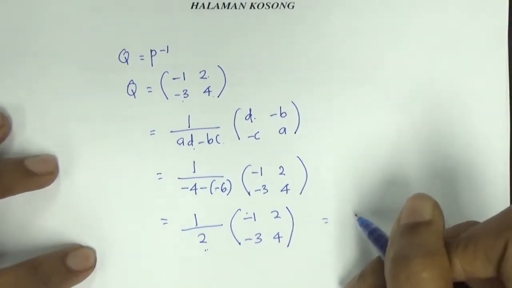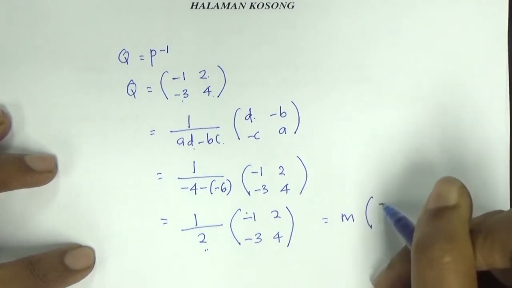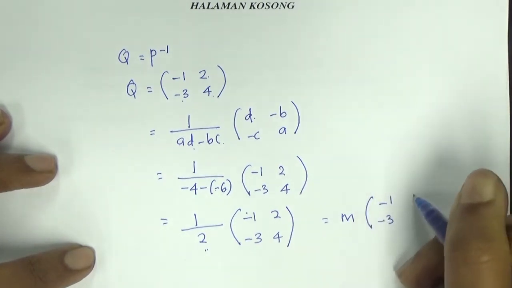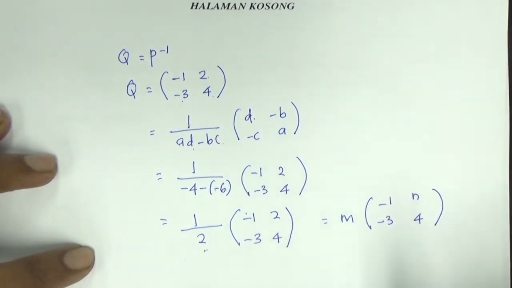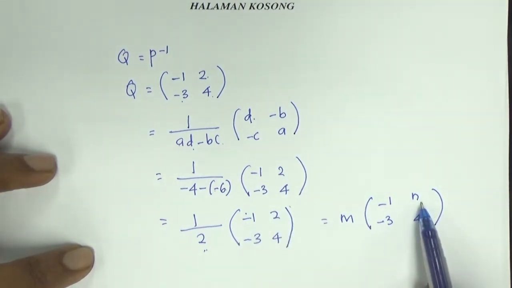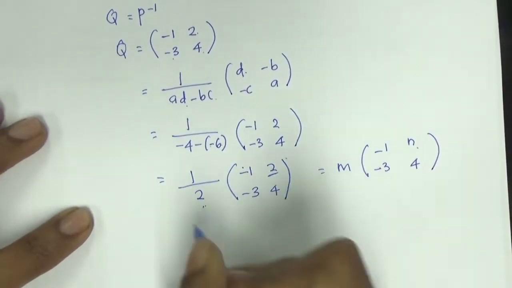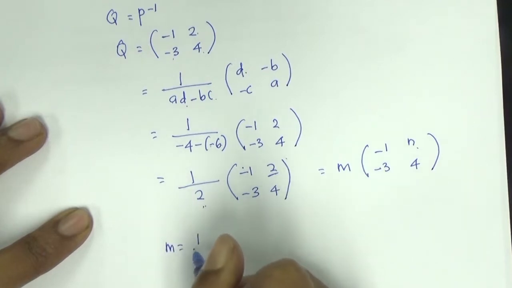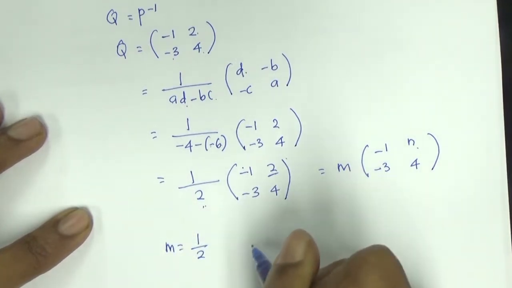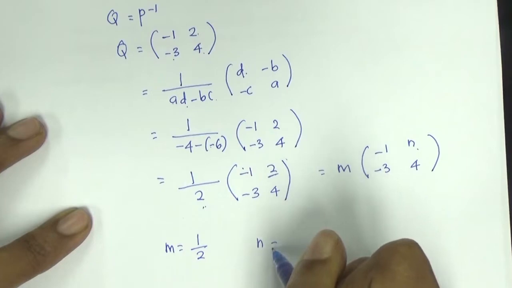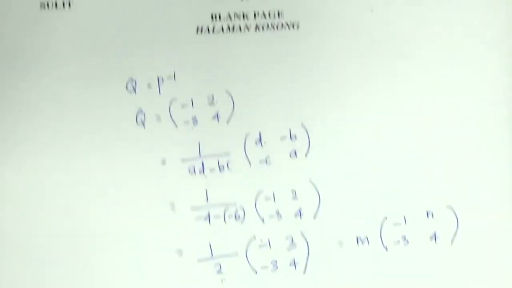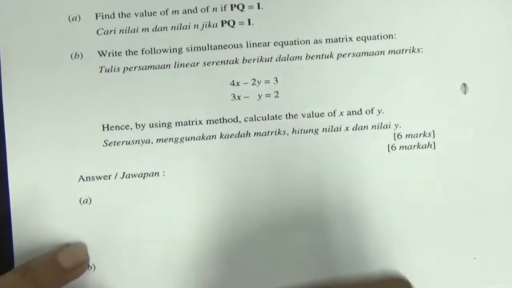Now for the N, we write it back, negative 1, negative 3 and 4. So from here we can see what the answer for N is. So the answer for 8A is M is 1 over 2, N is 2. So we can write this here.